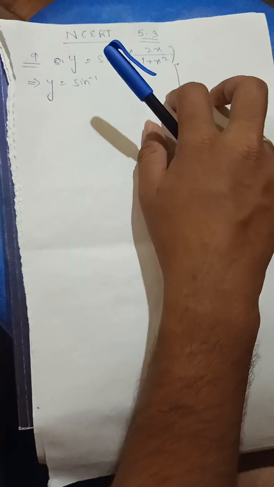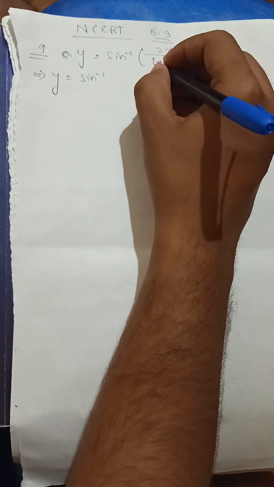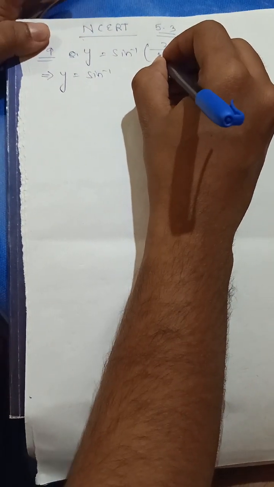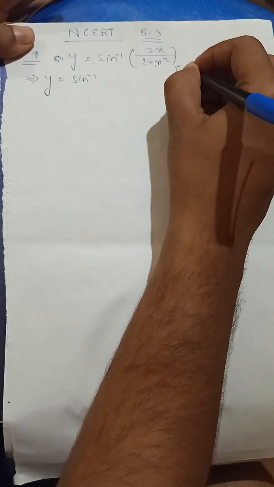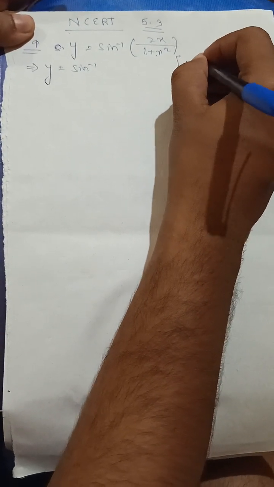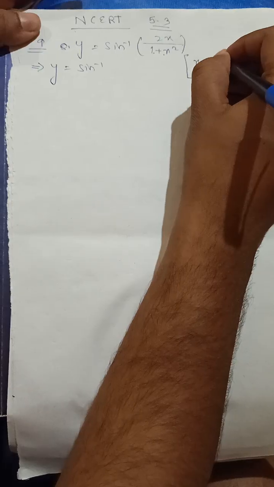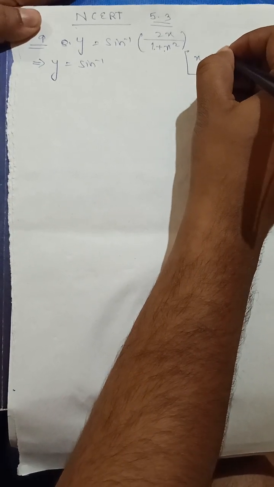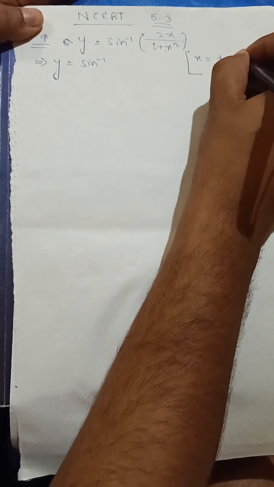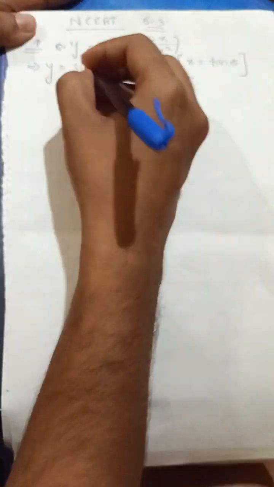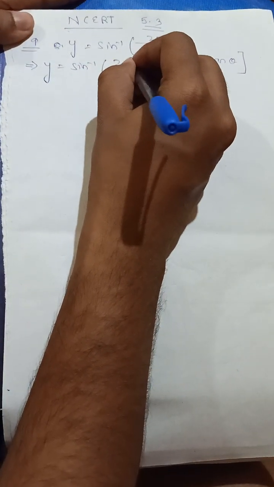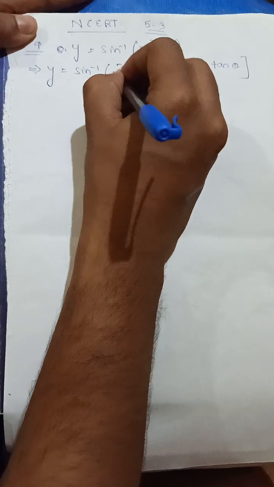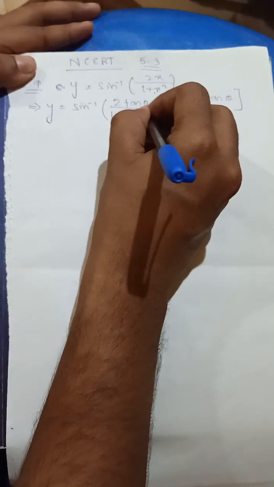What to substitute here? In the denominator you see a square is constant plus x square, so x is equal to a tan theta or a cot theta. Let us take tan theta because the direct formula will come outside. Y is equal to sine inverse of 2 tan theta by 1 plus tan square theta.